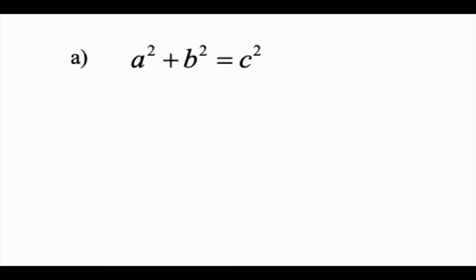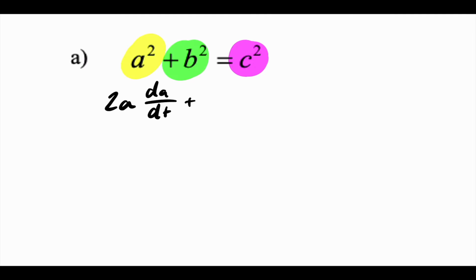What would we start with? So we have 3 terms, right? I got this guy, I got this guy, and I got this guy. So let's find the first term. What would the derivative of the first term be? 2a, but it's with respect to time. So what tag would we give it? dA over dt. Good. We've done this before, but we've never done it with A's and B's and R's and letters like that, okay?